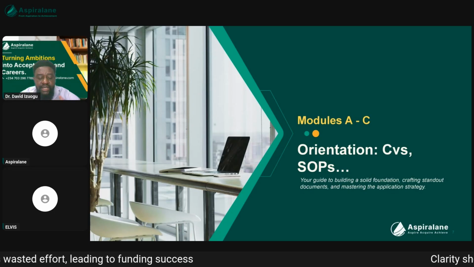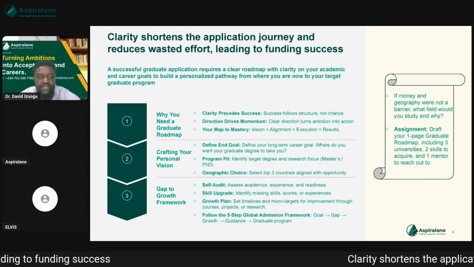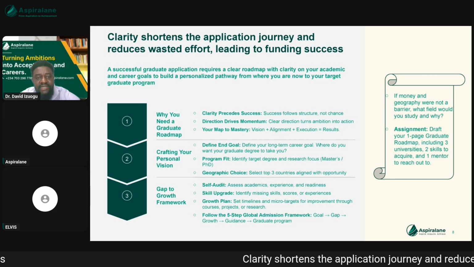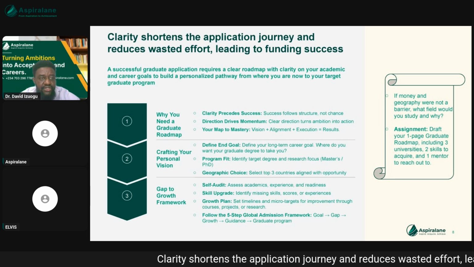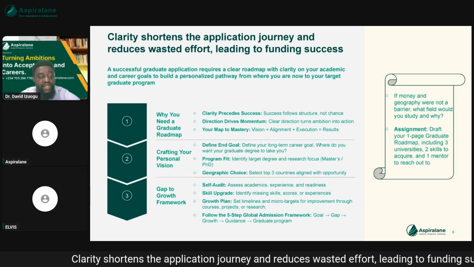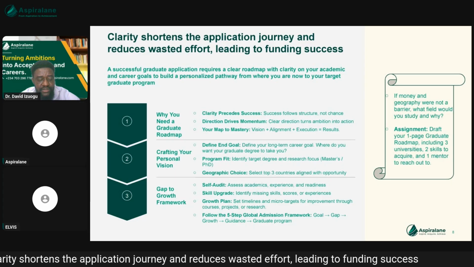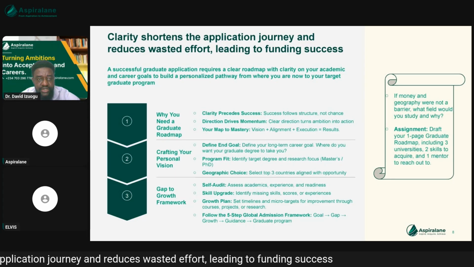Then we ended the morning session by diving into some of these application documents, the ones you need to produce yourself, not the ones a recommender is going to bring in.